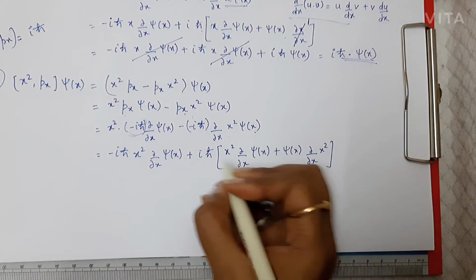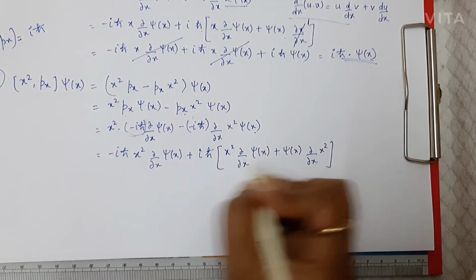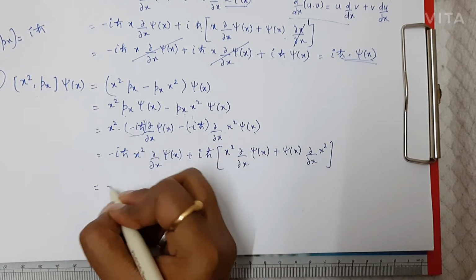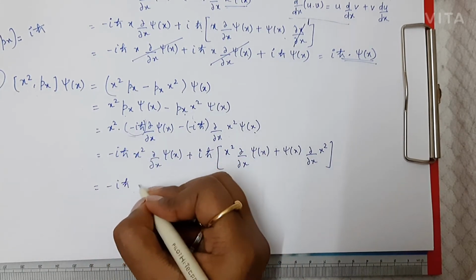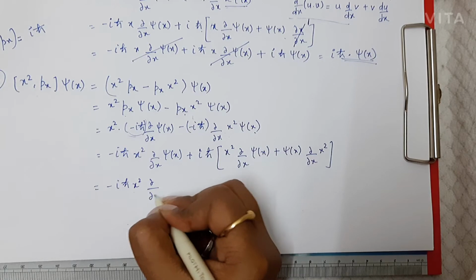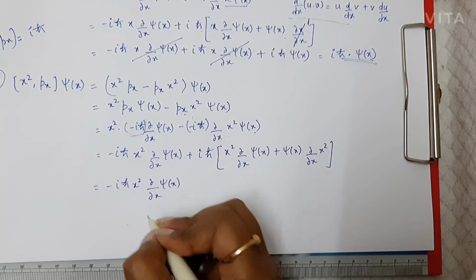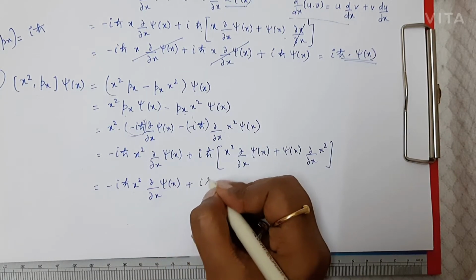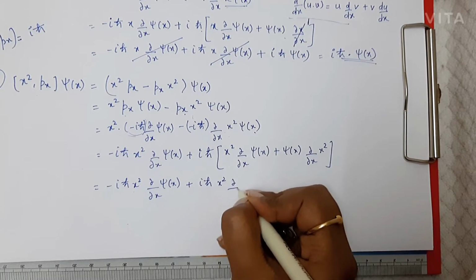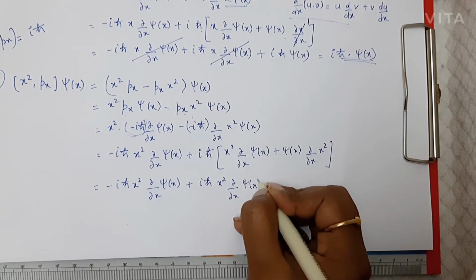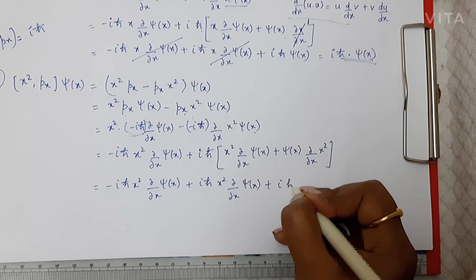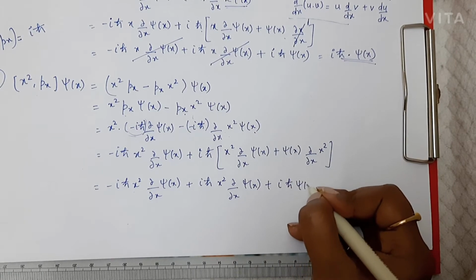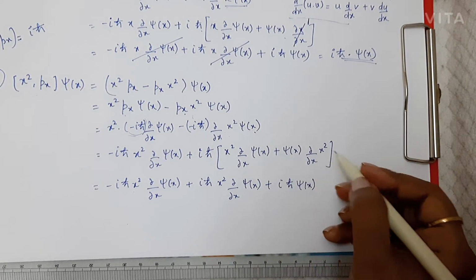Now we'll open this bracket and multiply this iota h cross inside, so this part will remain same. Minus iota h cross x square del by del x of psi x plus iota h cross x square del by del x of psi x plus iota h cross psi x. Now del by del x of x square will be what?